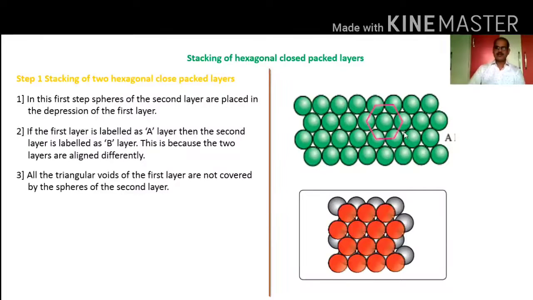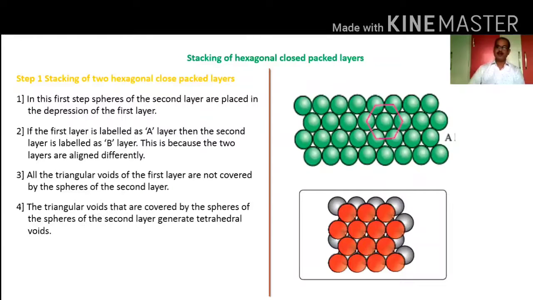There are many such triangular voids. In this arrangement, all the triangular voids will not be covered by the spheres of the second layer. In fact, only half of the triangular voids will be covered by the spheres of the second layer, whereas the remaining half triangular voids will remain uncovered.